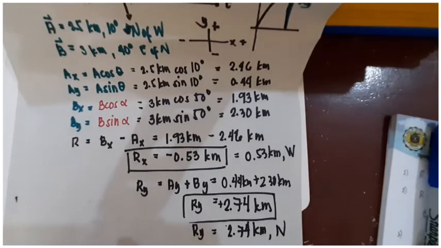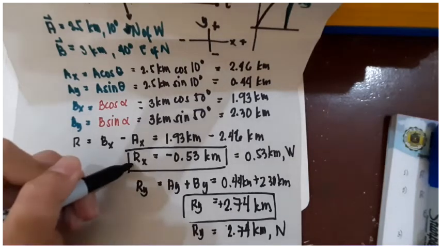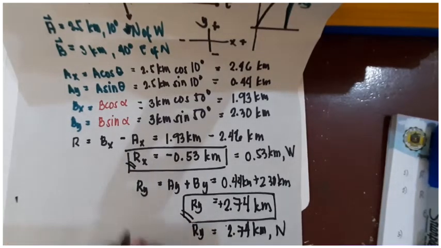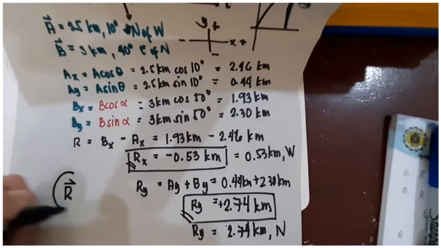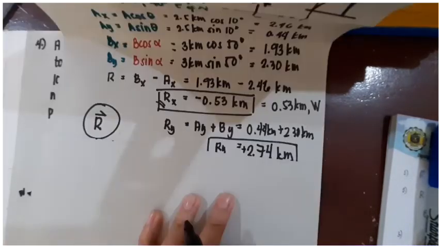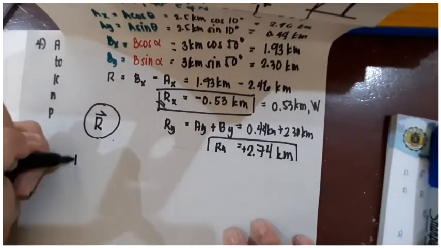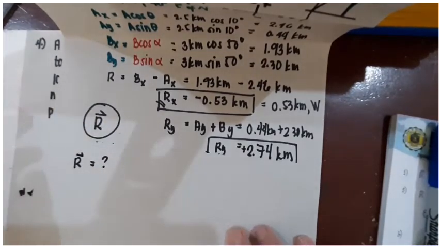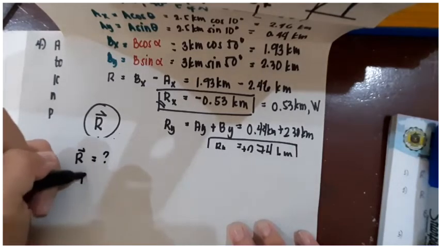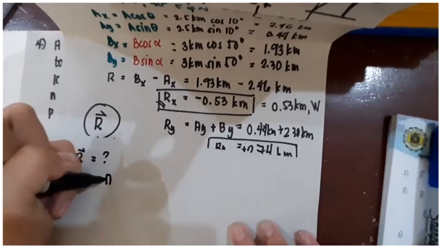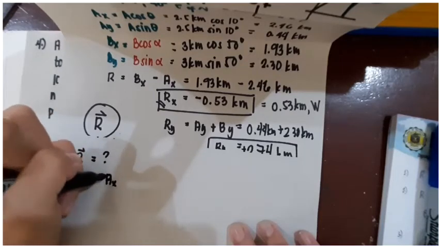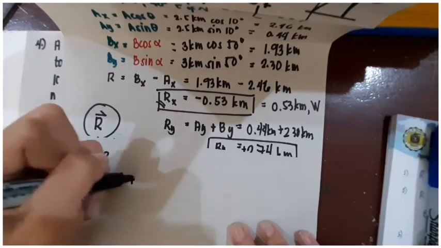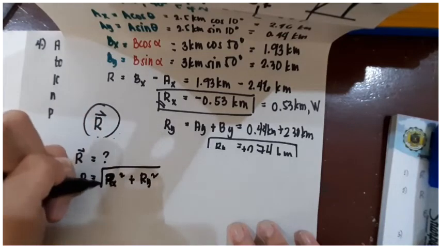Okay, so hindi pa tayo tapos. Hindi pa natin nasa-solve yung value or yung magnitude ni R. And then the direction of R. Okay, so we are going to use these values to solve for your R. So to solve for R, we use your Pythagorean Theorem. Okay, so the magnitude of R, that's Rx squared plus Ry squared, square root.